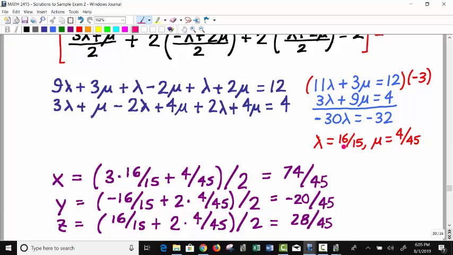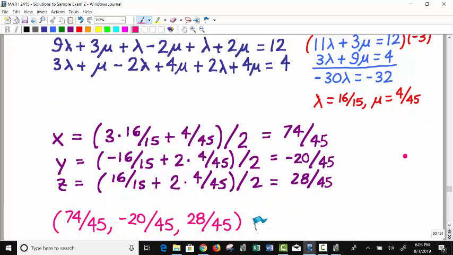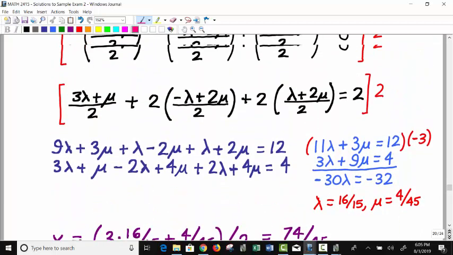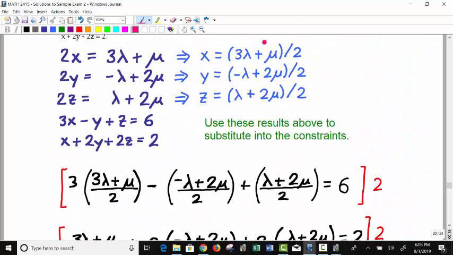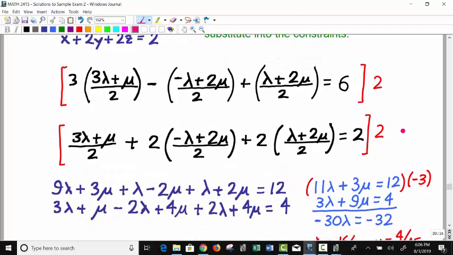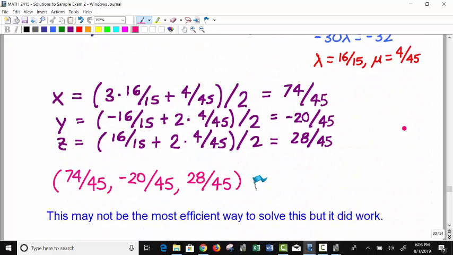right, so lambda will equal 16 over 15, and then you plug the 16 over 15. I didn't actually show it here, but basic algebra. If you plug the 16 over 15 into either one of these two equations for lambda, the bottom one or whatever, you can solve for the mu, and you'll get 4 over 45. And like I was saying earlier, you take those equations I had back up there in blue, right here, and now we just plug in the values for lambda and mu.